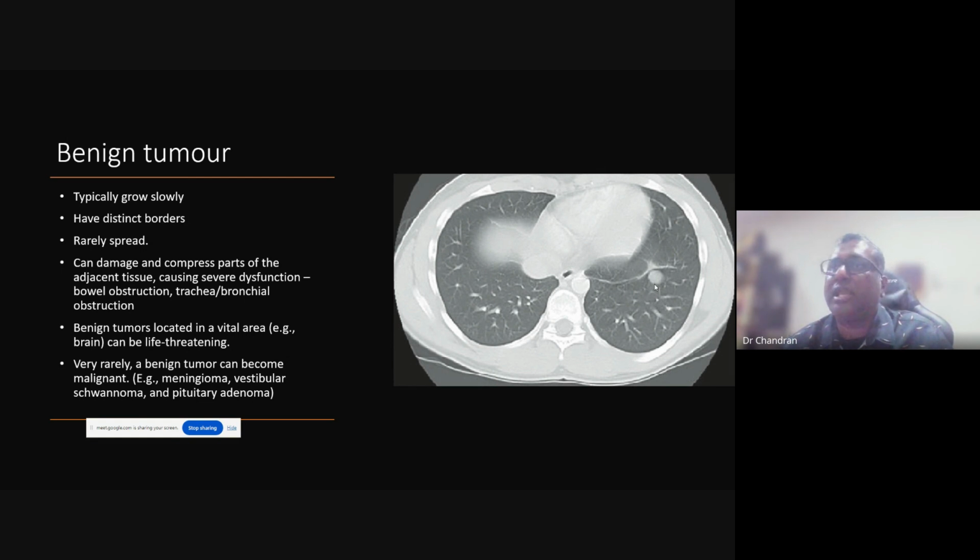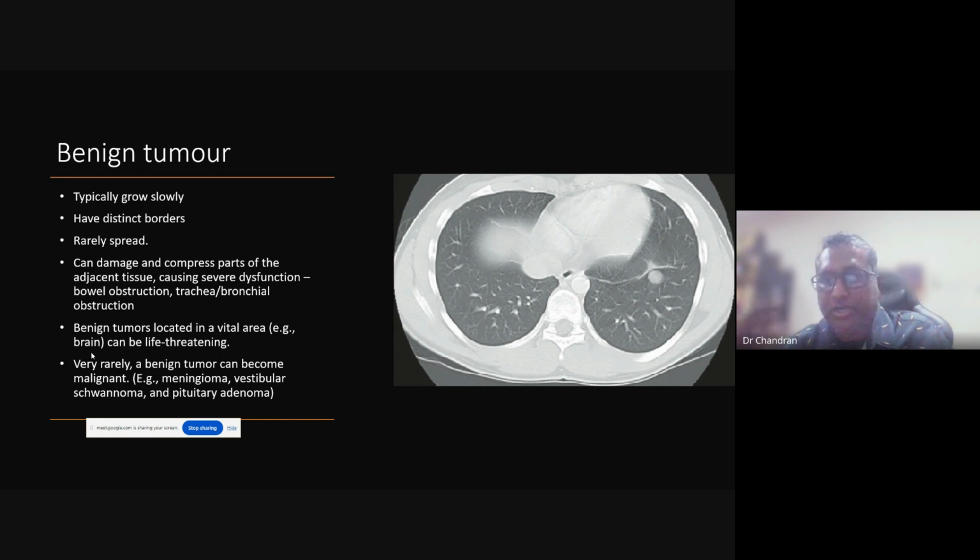Otherwise, we can wait and look, and if the disease doesn't change over the years, it's quite stable, then we don't have to do anything, we just observe, right? And benign tumors, normally we don't have to worry much, except for certain areas.